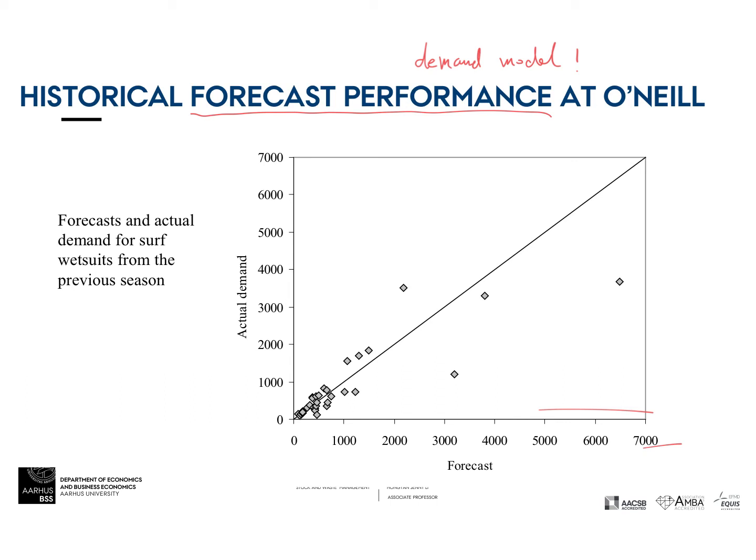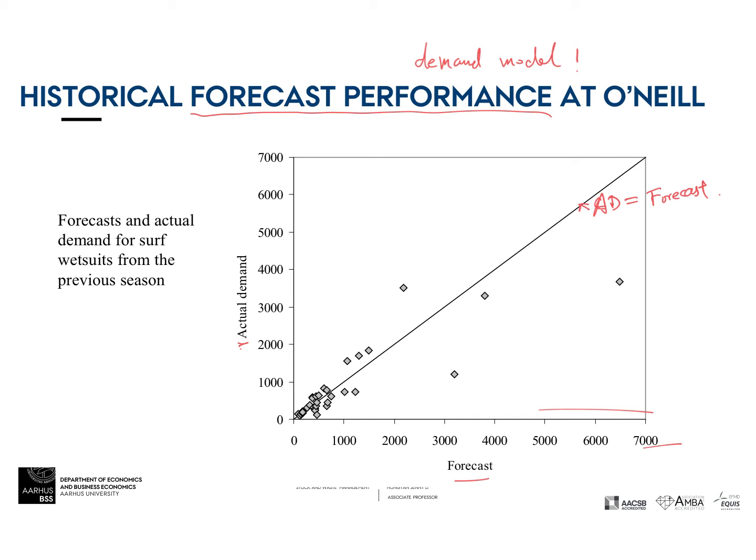We first plot your actual demand and forecast values in the coordinate system. Now you can see that if your actual demand equals the forecast, then it should always be on this diagonal line.